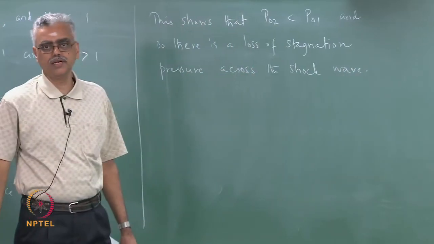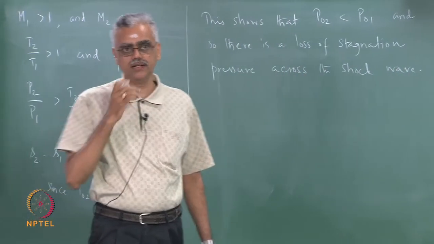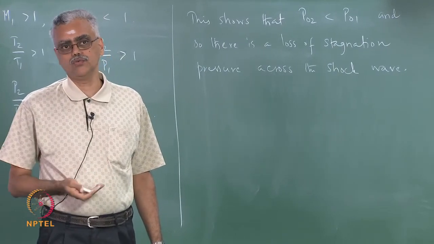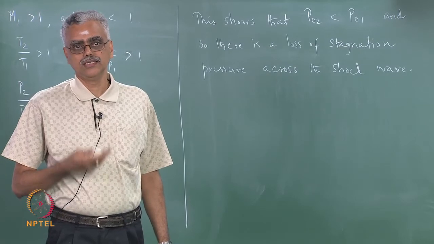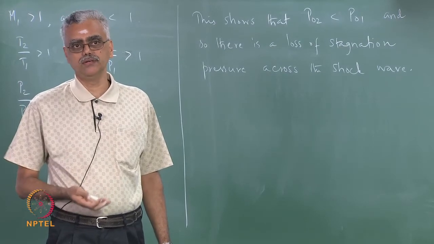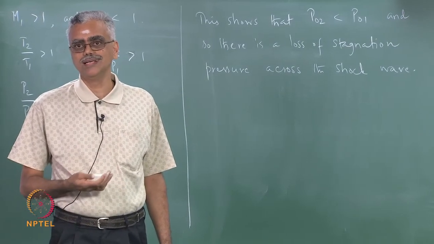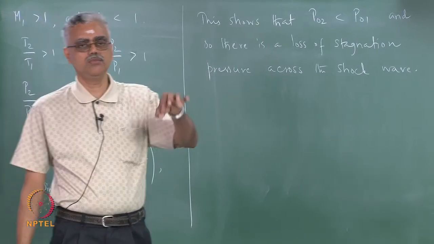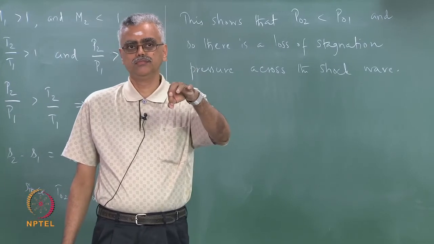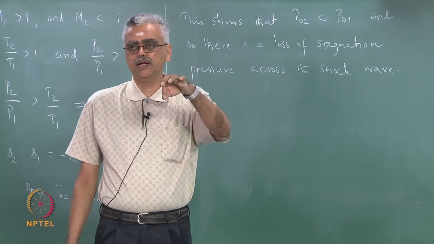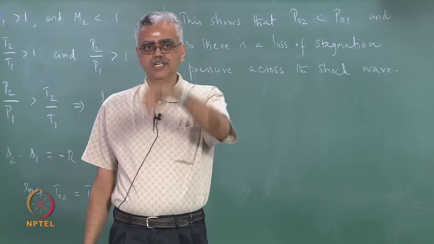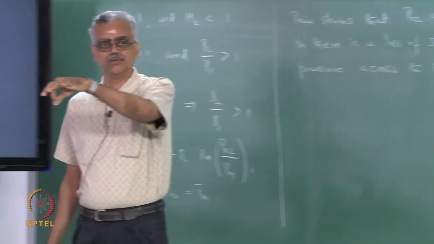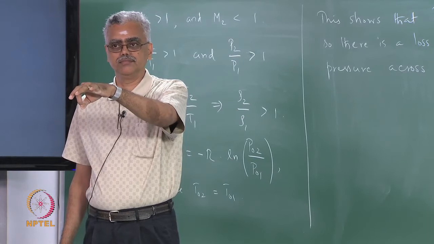Now, please bear in mind that we are still working in a reference frame where the observer moves with the shock wave, but stagnation quantities are frame dependent. Static quantities are not frame dependent, stagnation quantities are frame dependent, right. So, if I measure a static pressure using a static pressure probe, it does not matter whether as an observer I am stationary and I measure the pressure, or whether I am moving and I measure the pressure, I get the same static pressure reading.